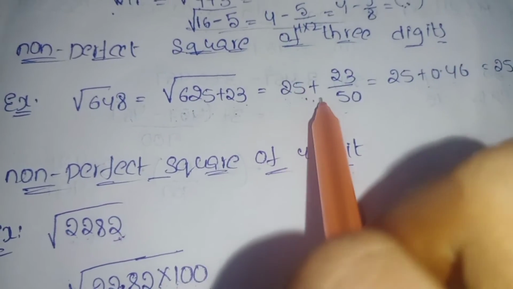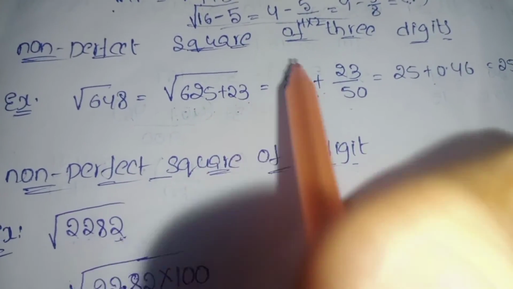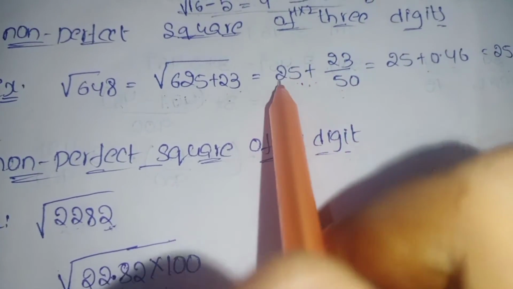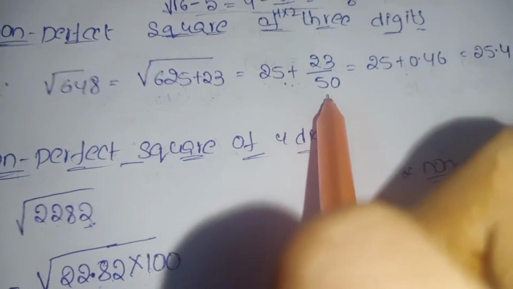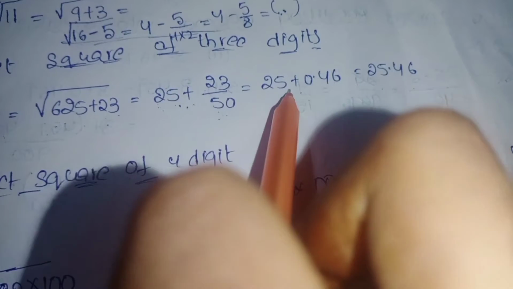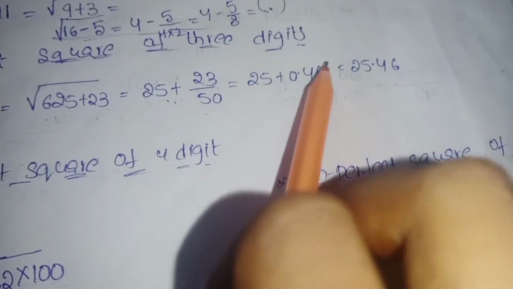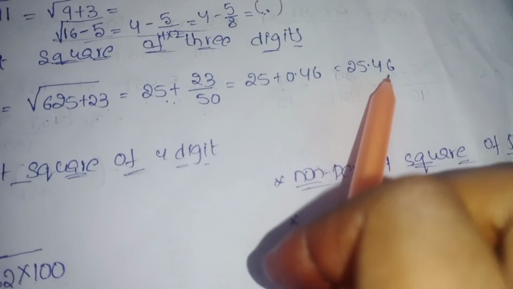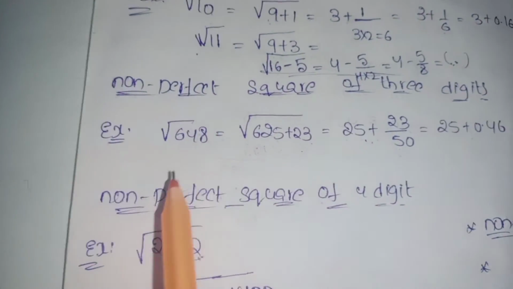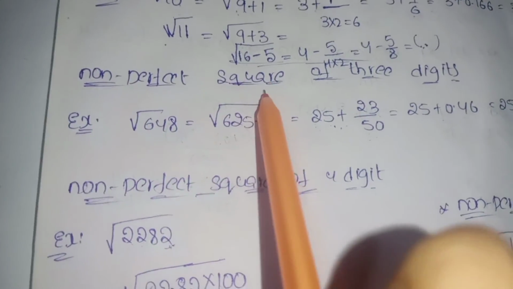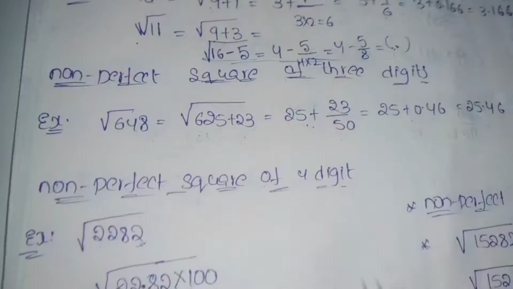And we have to add, in the numerator 23, and in the denominator 25 into 2, which is 50. After simplification, we get 25 plus 0.46, equals 25.46. This is the answer of the square root of 648. This is the concept of non-perfect square root of 3 digits.